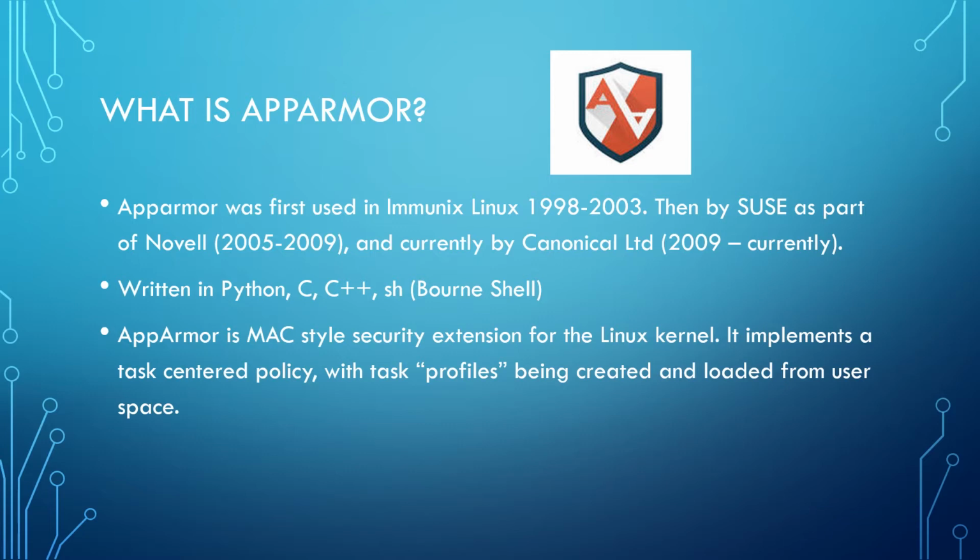It's written in Python, C, C++, and Bourne Shell, and AppArmor is a MAC-style security extension for the Linux kernel. It implements a task-centered policy with task profiles. It breaks things into profiles, and I'll tell you more later on in the presentation.